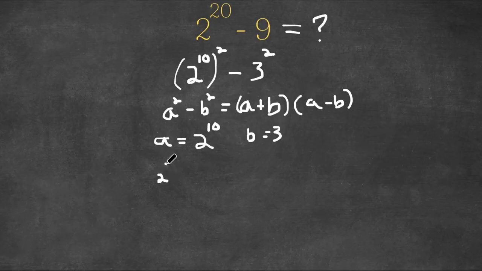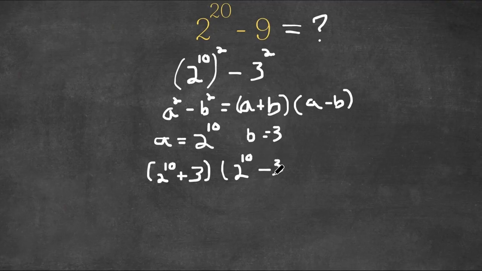So now if we plug in a and b in this expression, we would get 2 to the power of 10 plus 3 in parentheses times 2 to the power of 10 minus 3. Now, 2 to the power of 10 is 1024.